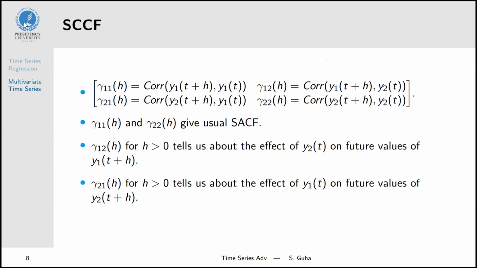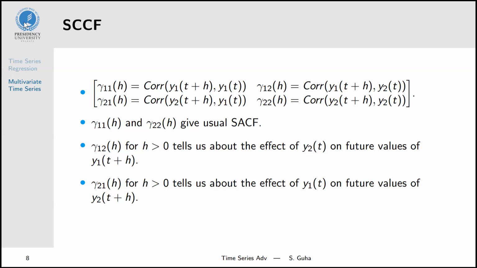So this gamma 1H, for H positive, for example, we have discussed for H equal to 1. Now you can also talk about H equal to 2, H equal to 3. Suppose you are considering H equal to 2 or 3, then it is telling how today's temperature will influence the number of dengue patients occurring after 3 days.